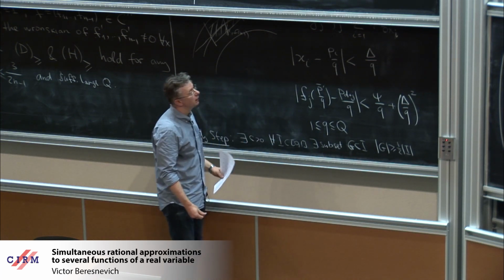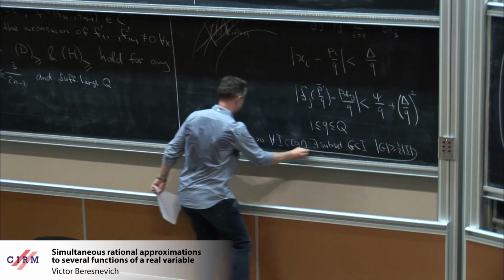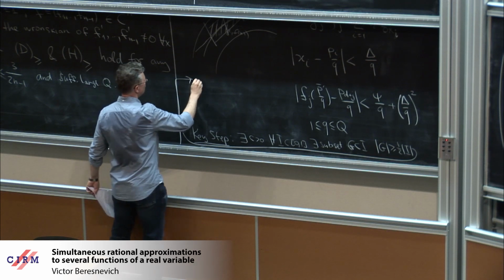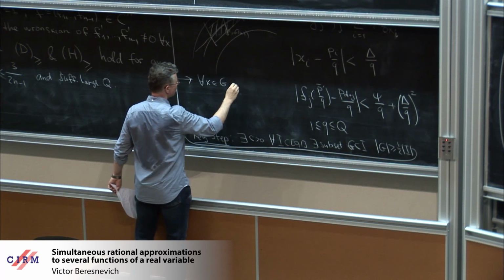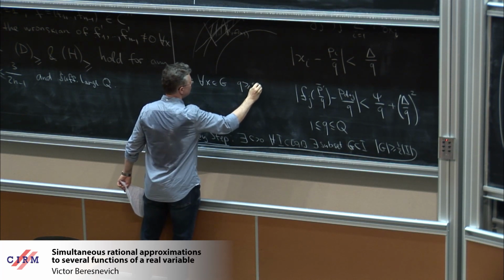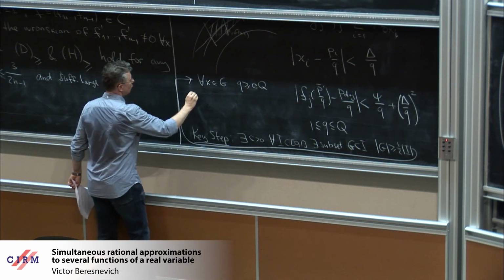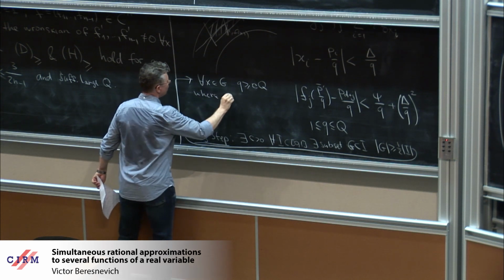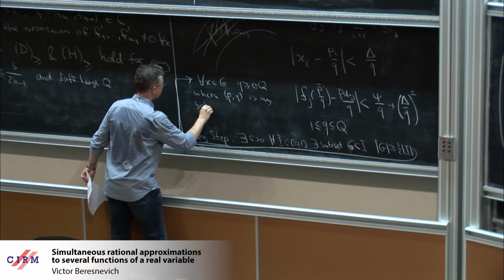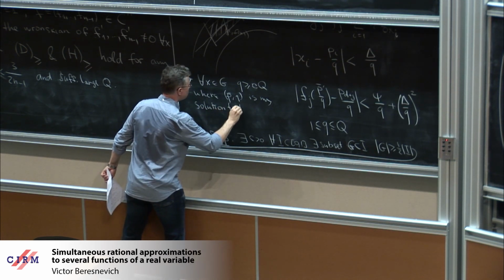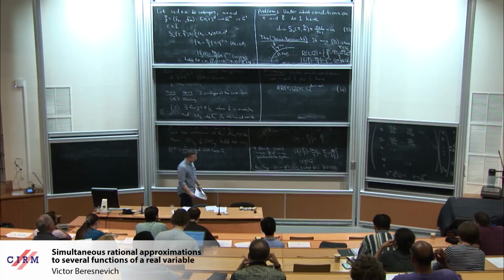And I have the following condition: for any x in this set, q is at least this constant c times Q, where (p, q) is my solution to the system.